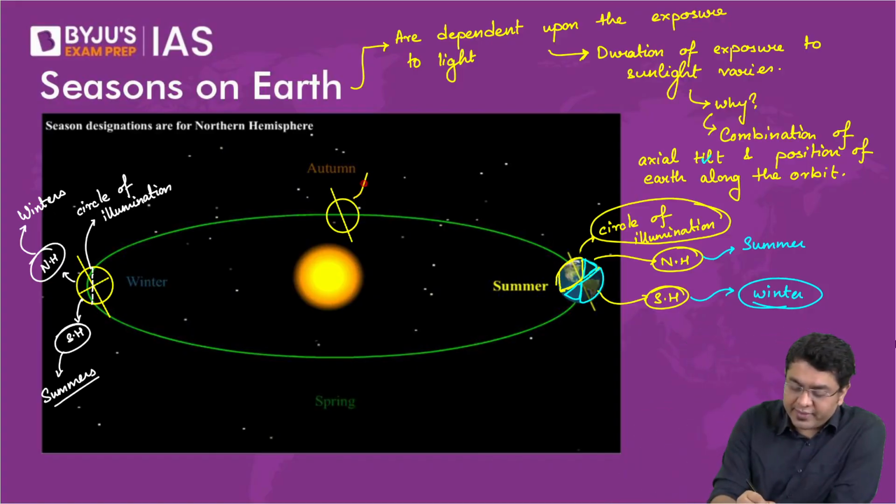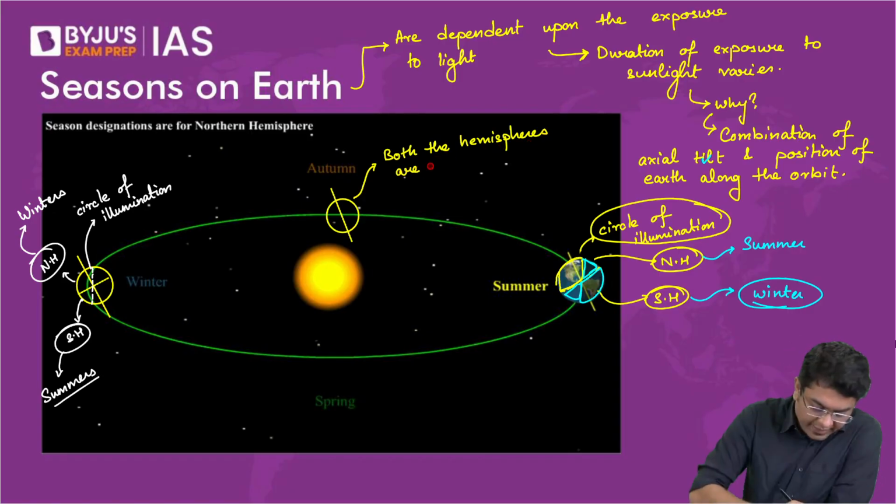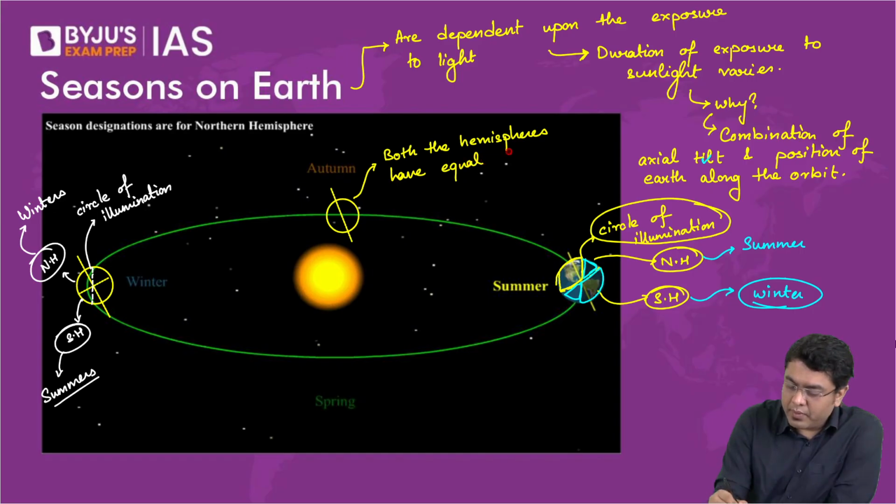So in this case, both the hemispheres have equal exposure to sun.